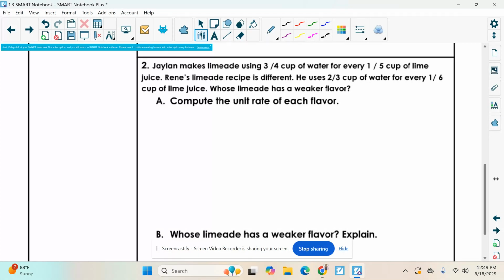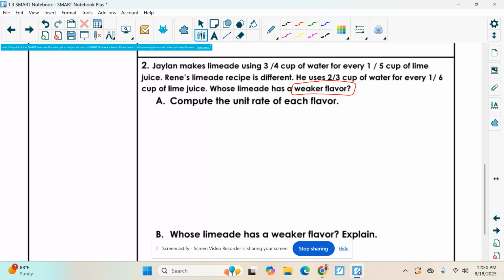Well, before we answer this, how do we know if something has a weaker flavor? It doesn't taste as sweet. It's not as strong. So what's happened to the mix? Why is it not as strong? You use less sweetener or use what? You haven't used enough flavor, or maybe you've used too much water. Have you ever heard the saying it's watered down?